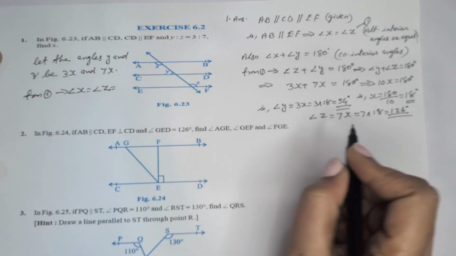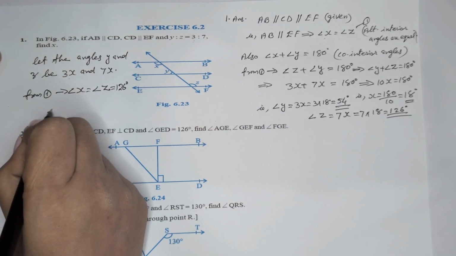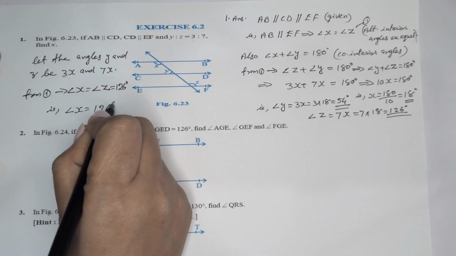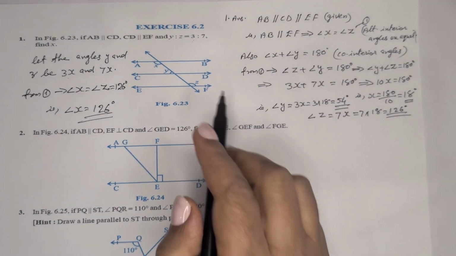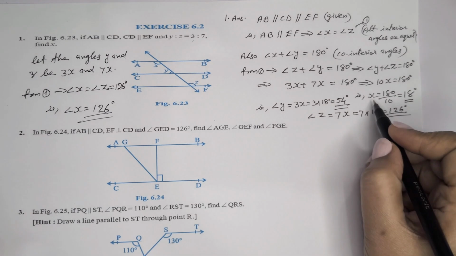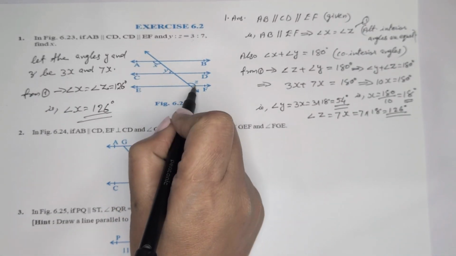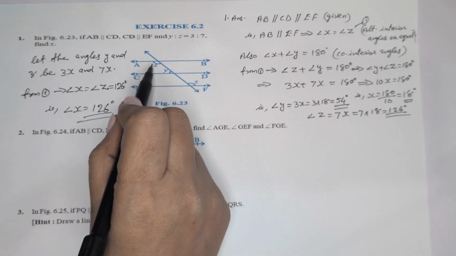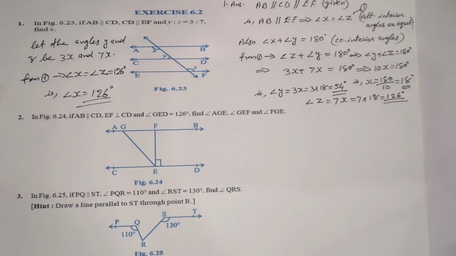And now we got angle z as 126. That is angle x is equal to 126 degree. So first we found that x is equal to 18. From that we got angle y and angle z, and after that angle x is equal to angle z. Therefore angle x is equal to 126 degree.